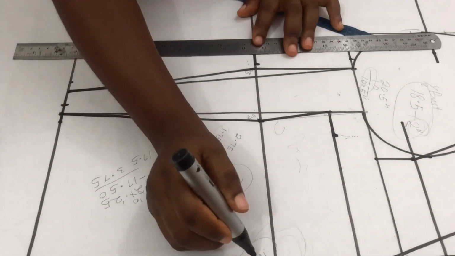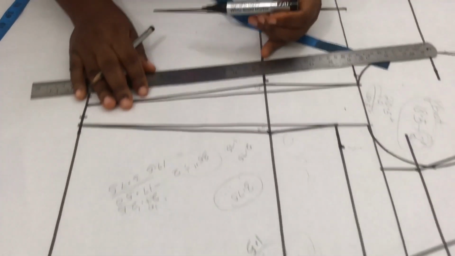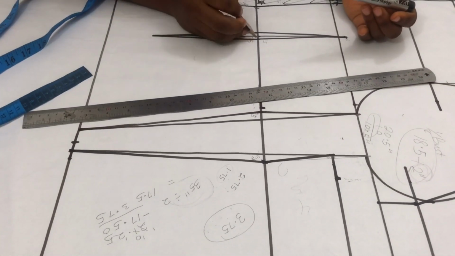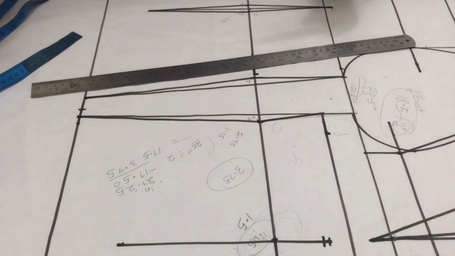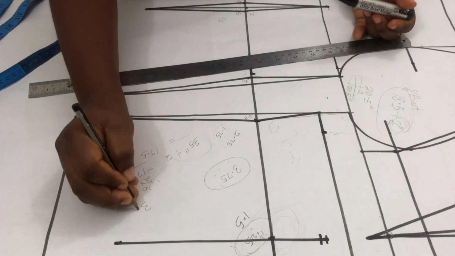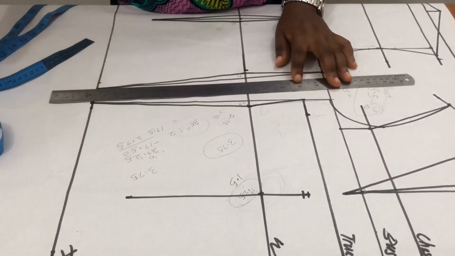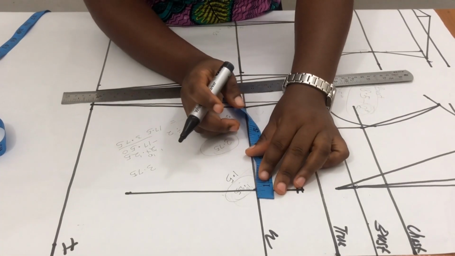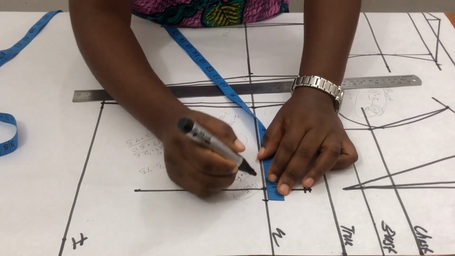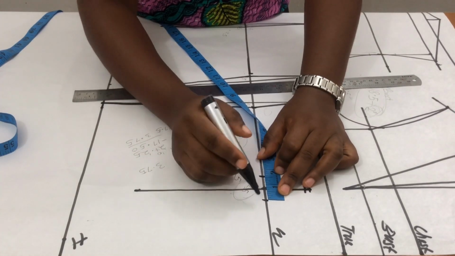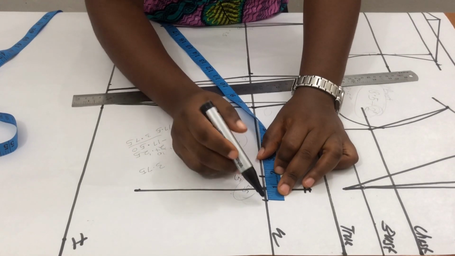Then finally, now this one has increased to 1.5. Remember that I removed 0.25 inches from here. Don't worry, we'll still measure and see that we still have 3.75 was taken as our dart. So 1.5 here. Put your measuring tape and make sure you have equal measurements on both sides. So I took 0.75 here and here.